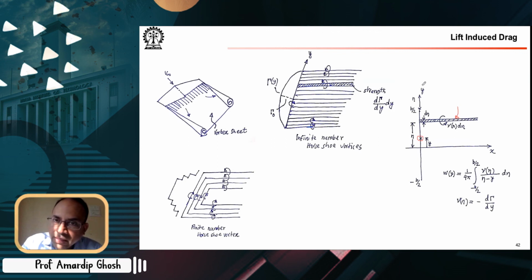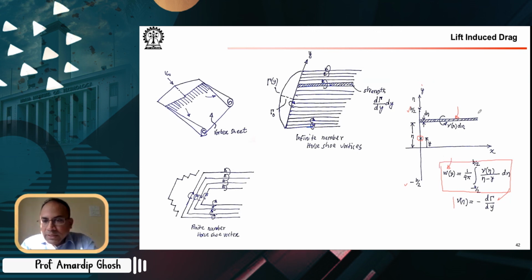Okay, so this is the span-wise direction. You can see plus b by 2 to minus b by 2, which are the semi-span. As I said, the span is b, semi-span is b by 2. So it can be shown that the downwash at location y is given by this integral, and this will follow.